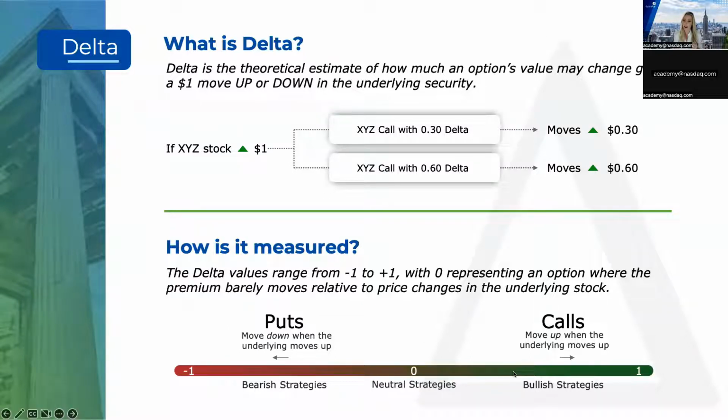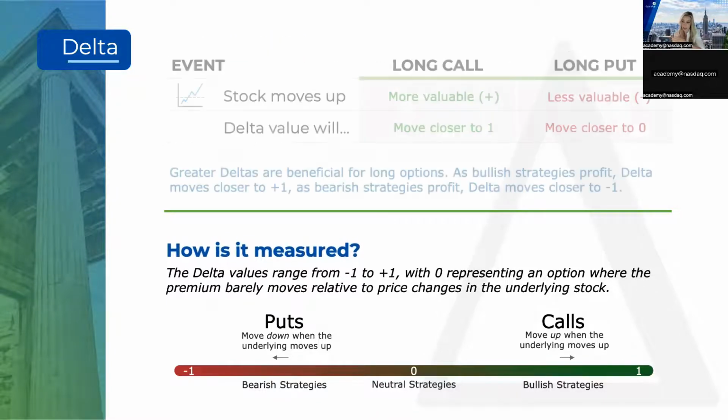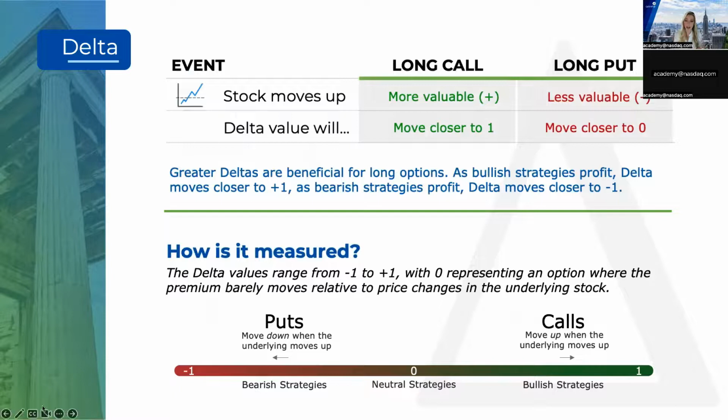As the option goes up in value, so as the security moves in our favor, it's going to get closer to 1. So we want greater delta values when we're buying options.